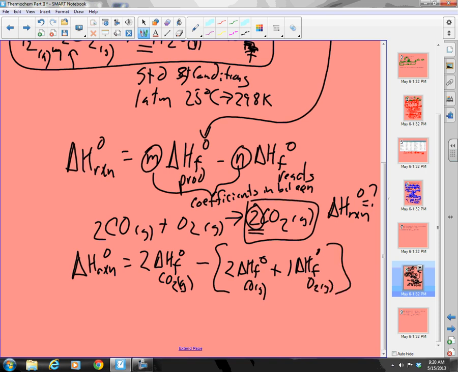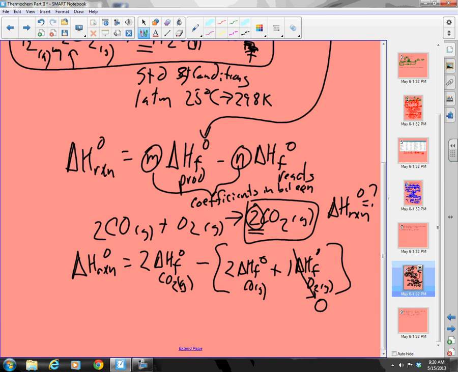And when we look up my oxygen gas, we'd see that that's a 0. Most of my elements in their stable form are 0. You might want to check, because sometimes if they're in a different state, you won't have a 0, but most of them are 0. Got it?